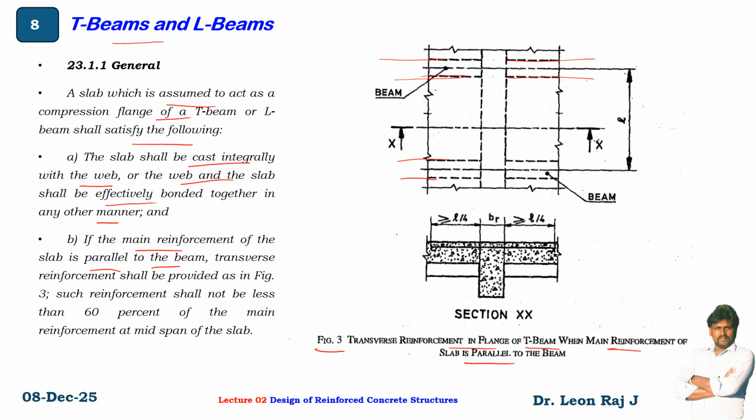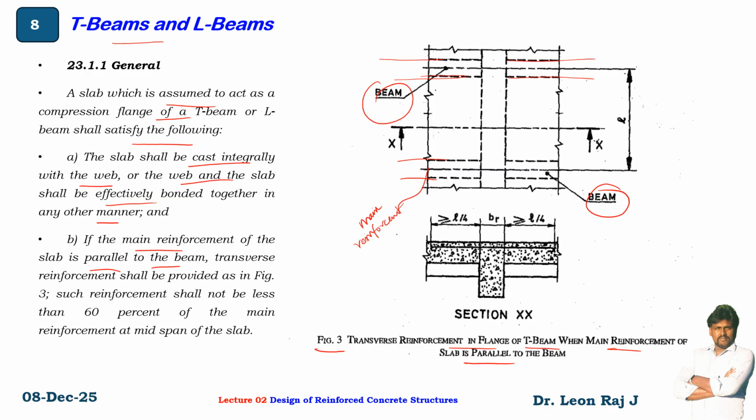So if this is the main reinforcement and this is the beam, the main reinforcement runs parallel to the beam.